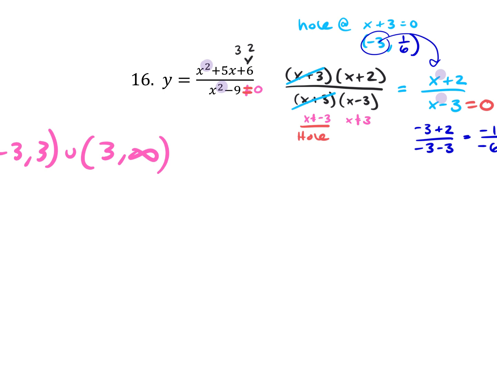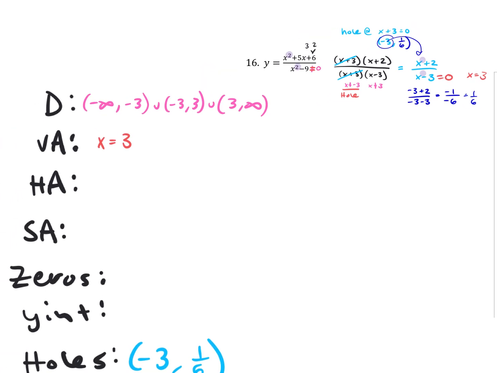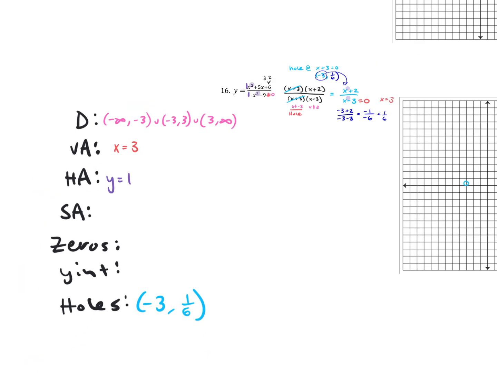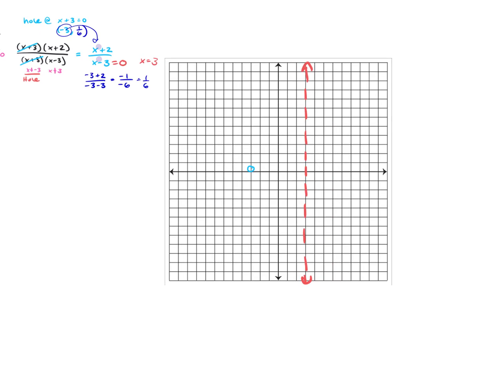So it'll be the same value regardless. If you look at your leading coefficients in the original or the simplified version, it ends up being the same. Because here, what would our horizontal asymptote be? Y equals 1. So we looked at our leading coefficients, which would be 1 over 1, so y equals 1. So I'm going to put my horizontal asymptote through 1.